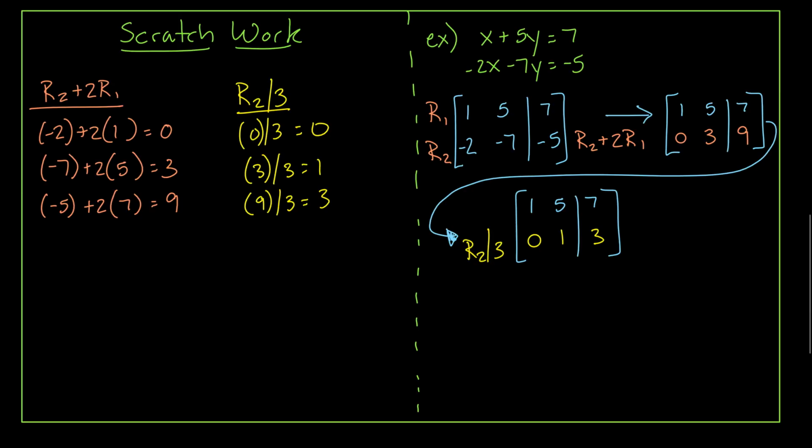Subtract which one? So if I subtract everything by 5, remember, look what I did here. I did row 2 plus 2 times row 1 to cancel these. So here, to get rid of the 5, I can do row 1 minus 5 times row 2. Row 1 minus 5 times row 2.